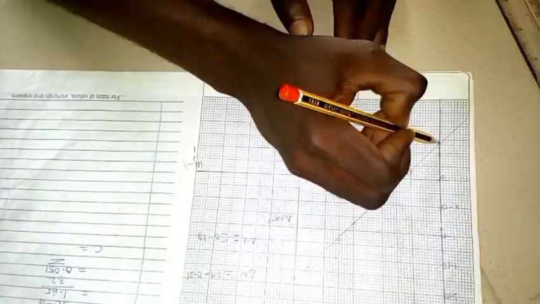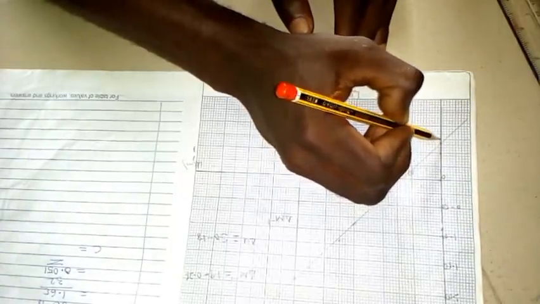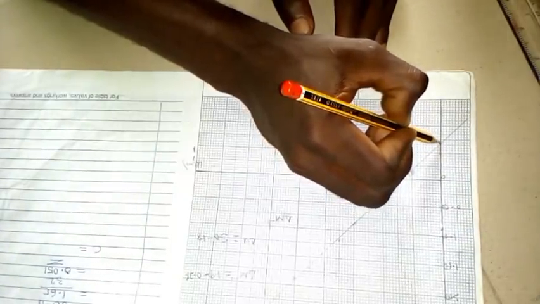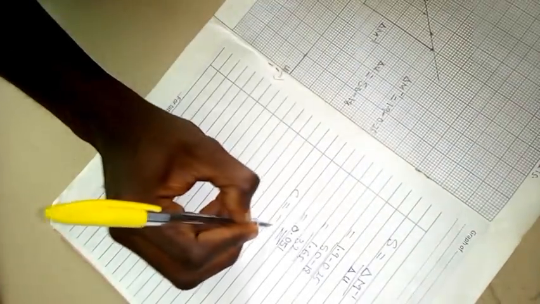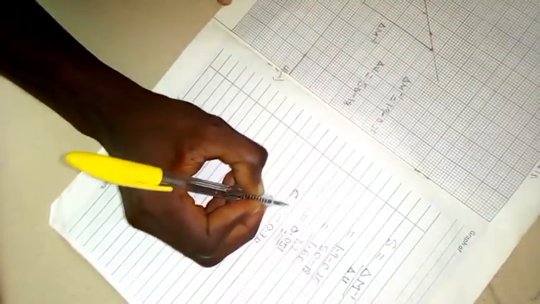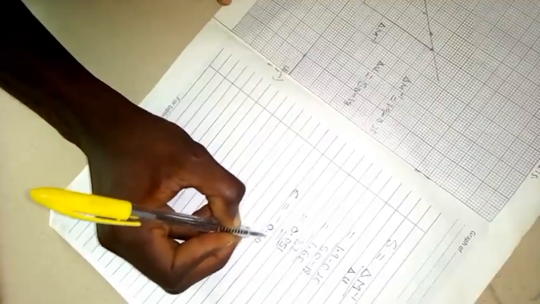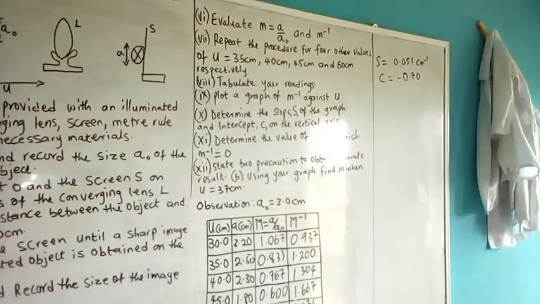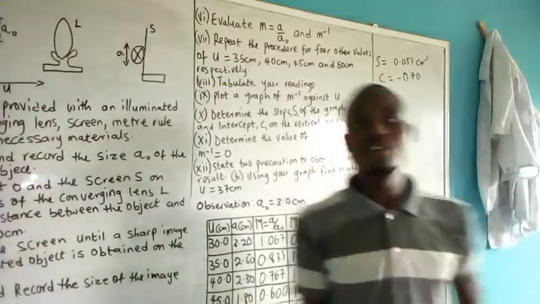So let's take that to be minus 0.7. So the intercept is equal to negative 0.70 as it is. So now the graph is fully plotted.